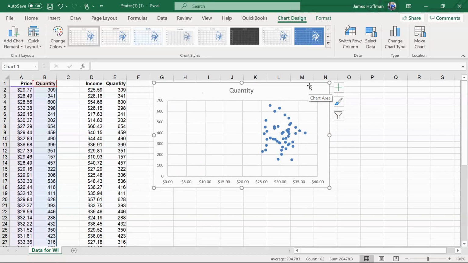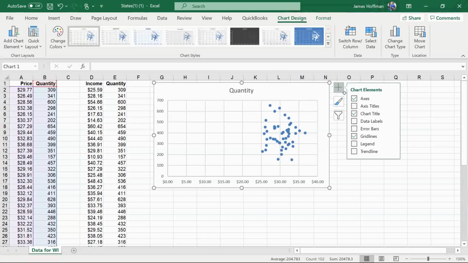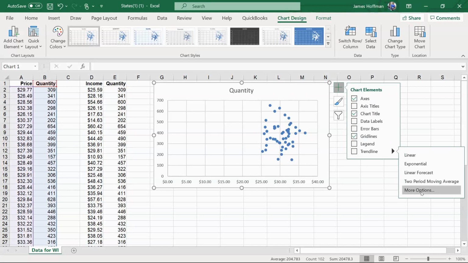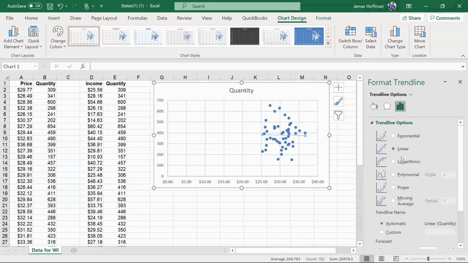So remember, you want to get the trend line. To do that, click on the graph, click on the plus sign, and go down to trend line, click on the arrow, more options, and you only want the linear one.